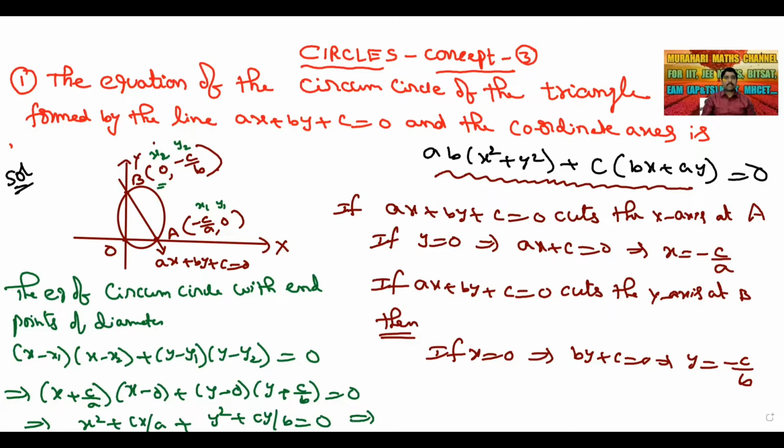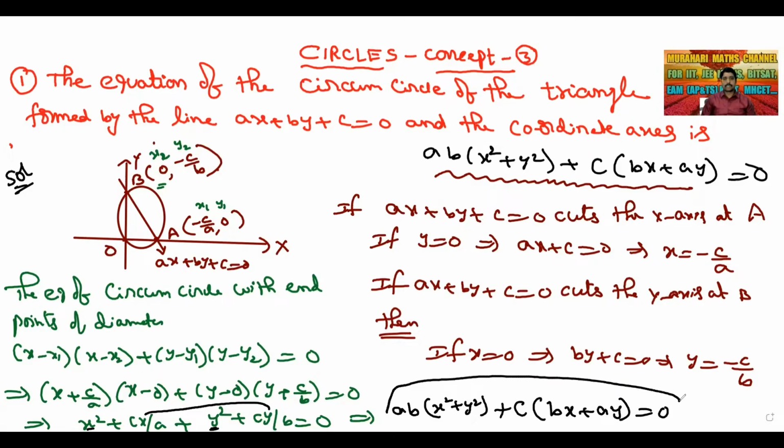Now let us take the LCM, which is ab. So ab into (x square plus y square) plus c times, taking c common, (bx plus ay) equal to 0. This is required.